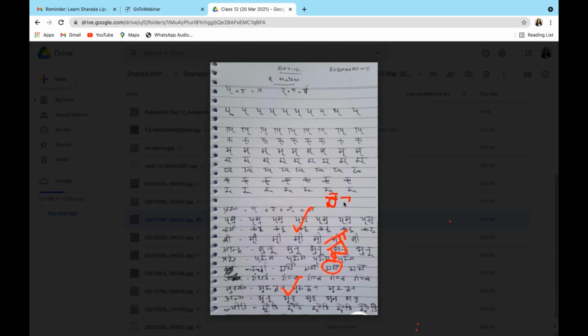So this will be r, and this will be ch again. And then there is charcha. This particular r would not start from here because this horizontal stroke itself will be the shirorekha. So it doesn't start here.